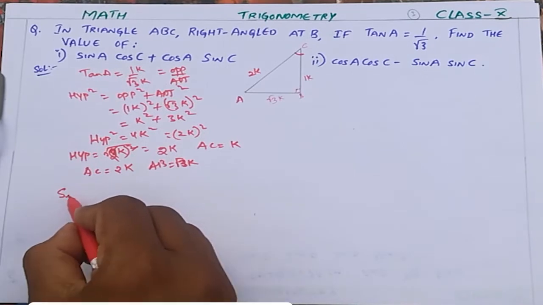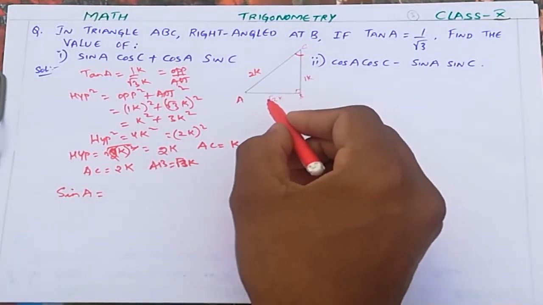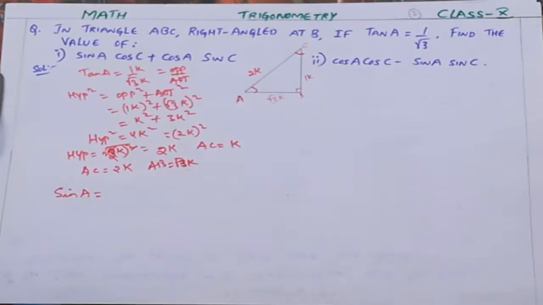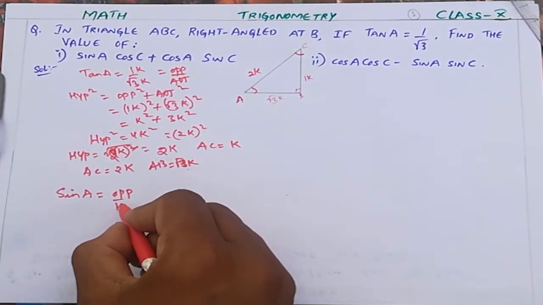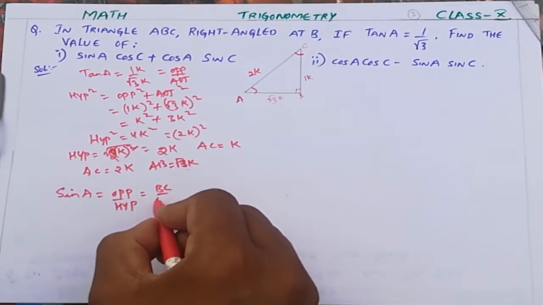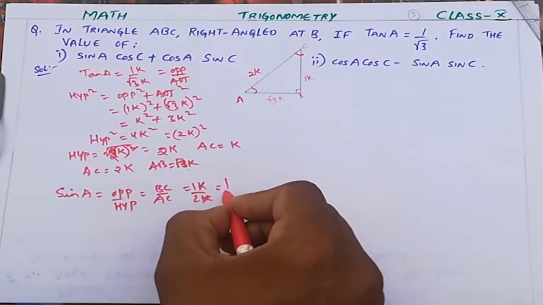What is sin A according to the diagram? Sin A equals, according to A, this one is the opposite. We have the formula, sine means opposite by hypotenuse. So opposite by hypotenuse equals BC by AC, 1k by 2k.